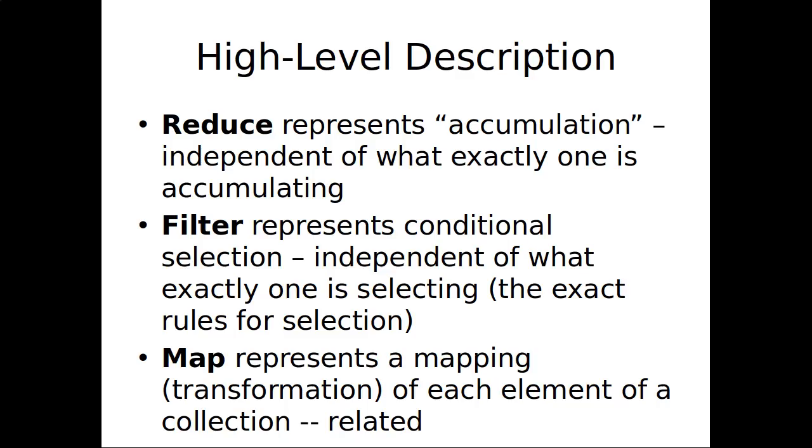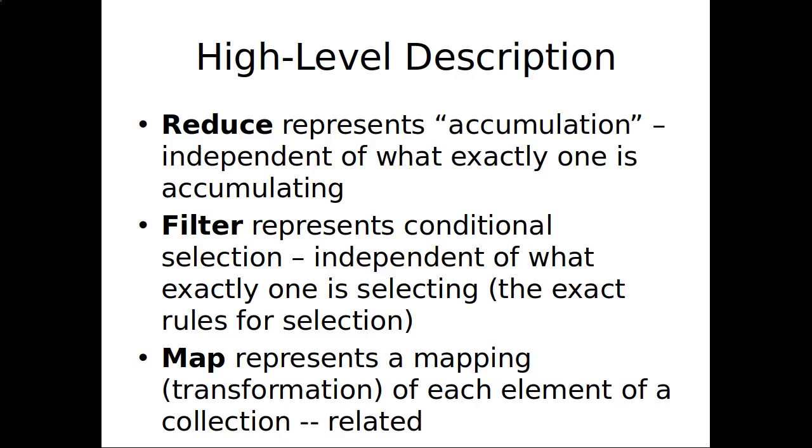That make sense? So we might have a collection of numbers from -100 to +100, and we filter to include only those that are greater than or equal to 0, or we extract from a bunch of natural numbers only the primes.